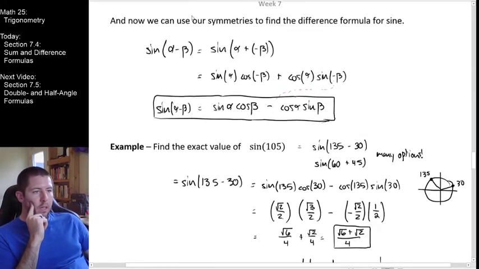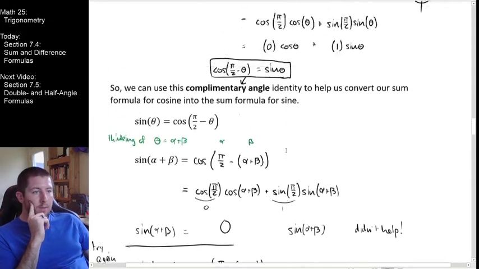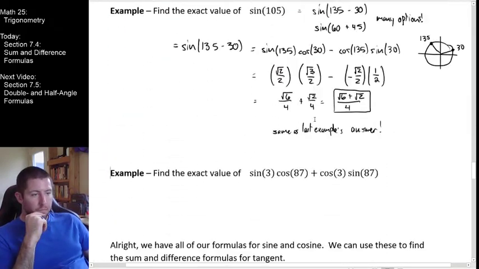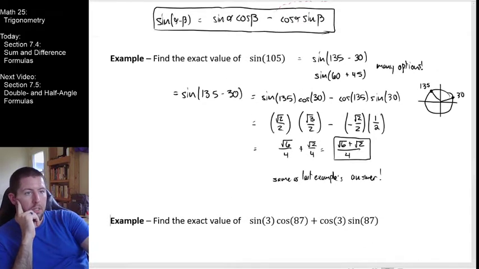And actually, can we? I'm saying we got the same thing as our cosine of negative 15. I'm going to do this over here.